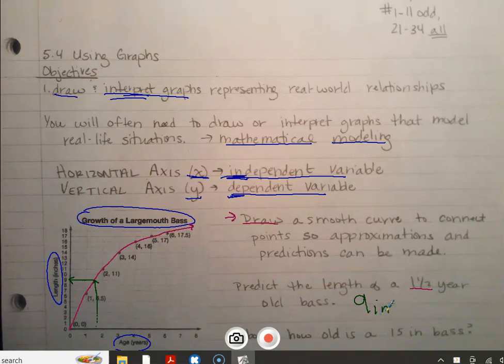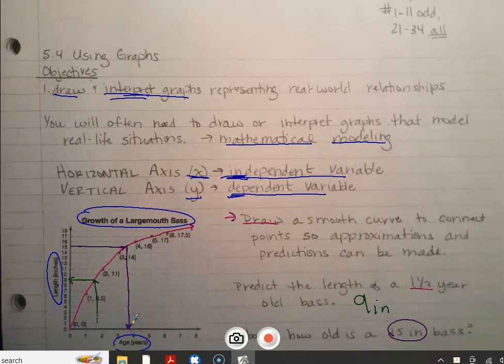The next question is slightly different, because it's asking about how old is a 15-inch bass. This time we're looking at the inches. So we're going to go up to 15 inches right here. How old is it? We need to make that line go across to here, and then bring that down. Where does that intersect down here?